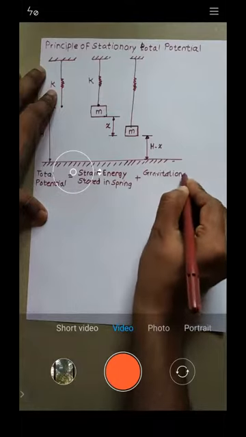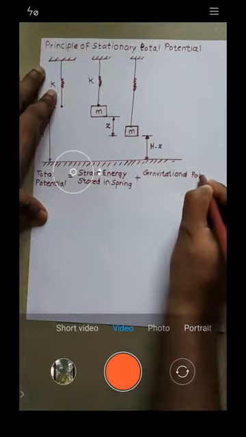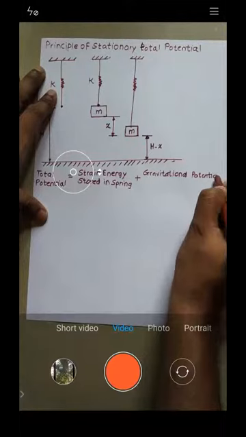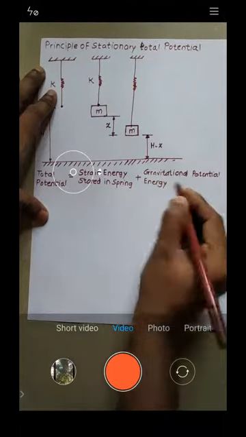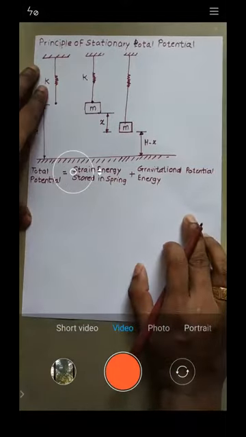Obviously, the gravitational potential energy will be possessed by the mass.